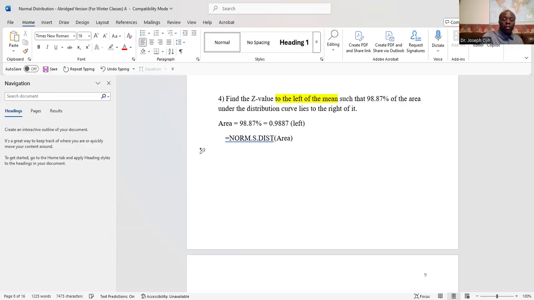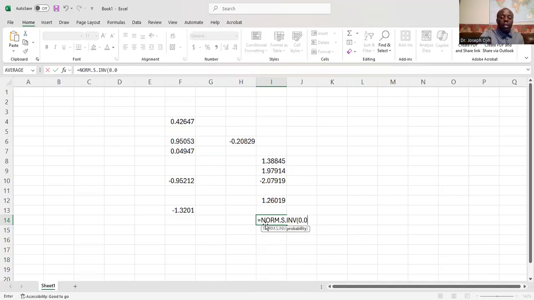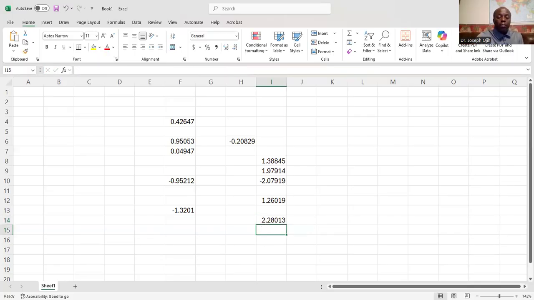That z value, well, it's going to be a negative number. So write the number 0.9887. In the Excel, equals NORM.S.INV, 0.9887. Okay, it gives us 2.28.